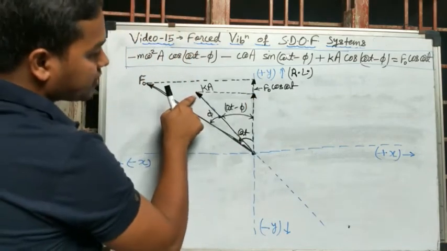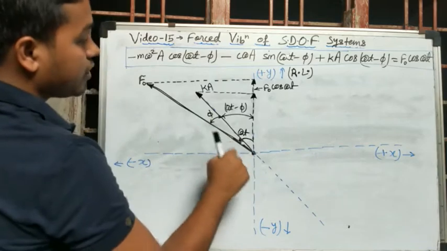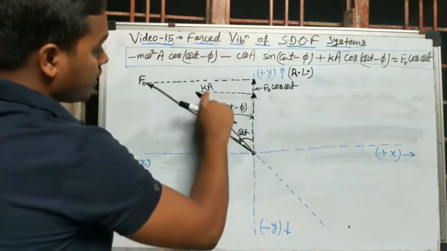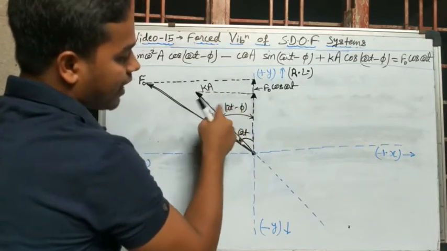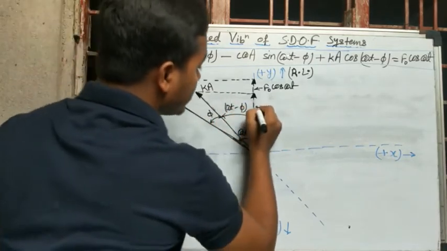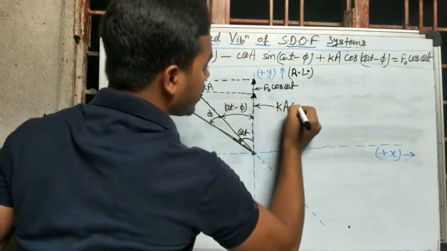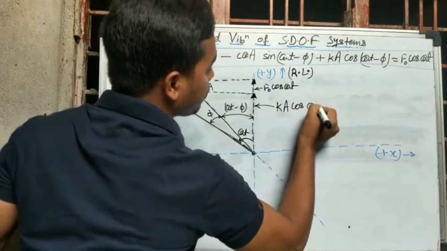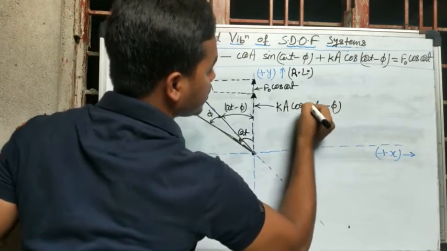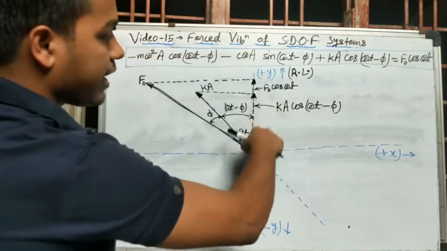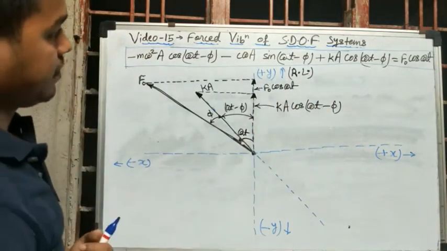Suppose I have the force Ka over this line only, this is a straight line only. So its component over the reference line will be equal to how much? Ka into cos of the angle, and angle is how much? Omega t minus phi. So this component of the force will be Ka cos omega t minus phi. I have drawn the second force plus Ka cos omega t minus phi.